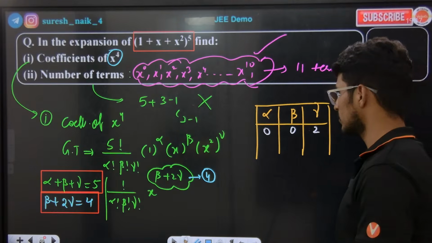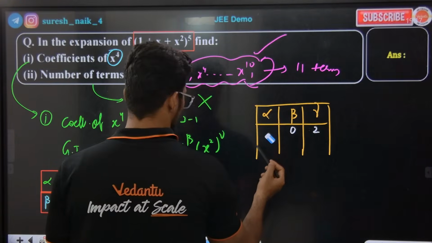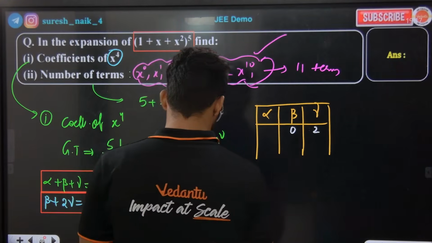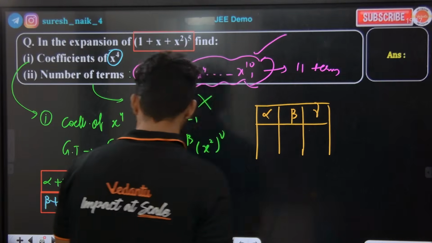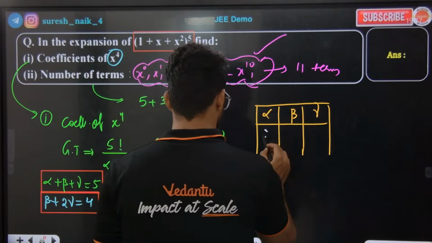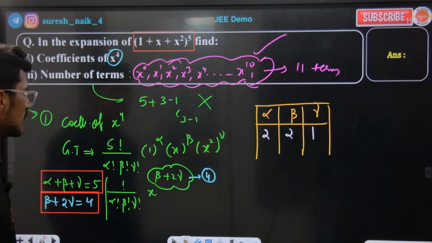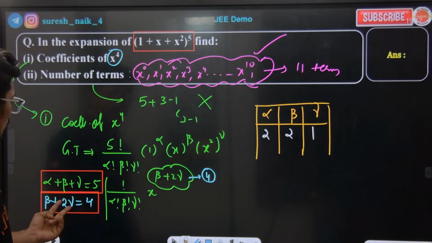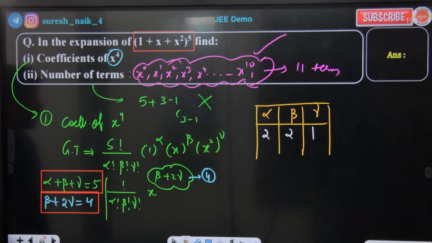No, this should be 1. Possible combinations: I can write 2 2 1. If I write 2 2 1, 5 will come. Yes. Put in 2 to 4, 4 plus beta is 2. 2 2 1 is one combination.